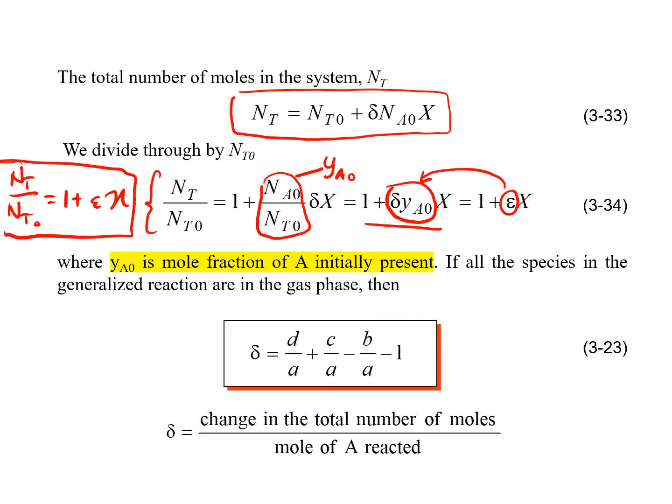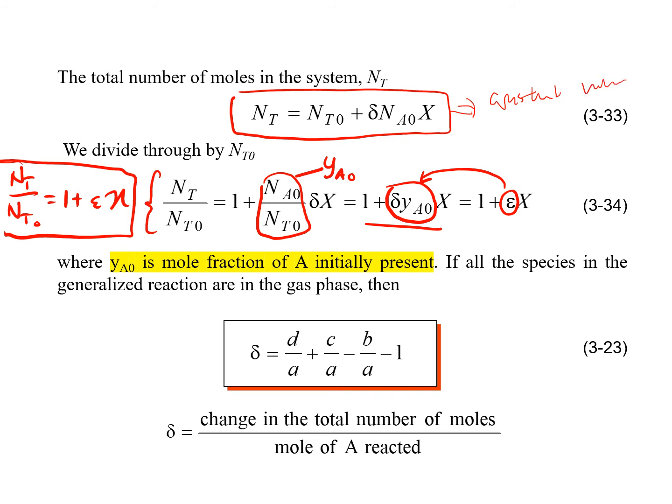Okay, after this. Alright, so let's say we have a total number of mole for the system denoted with the N T. Alright, so the N T is equal to N T naught plus del N A naught times with the X. Okay, this is similar to a batch before, as for the constant volume, remember?